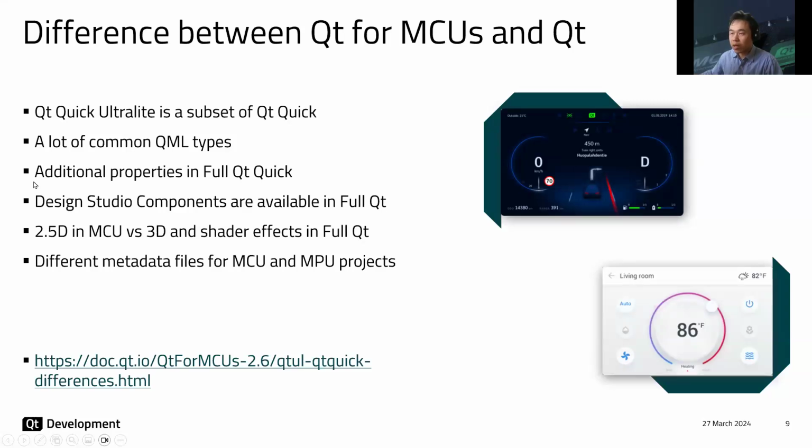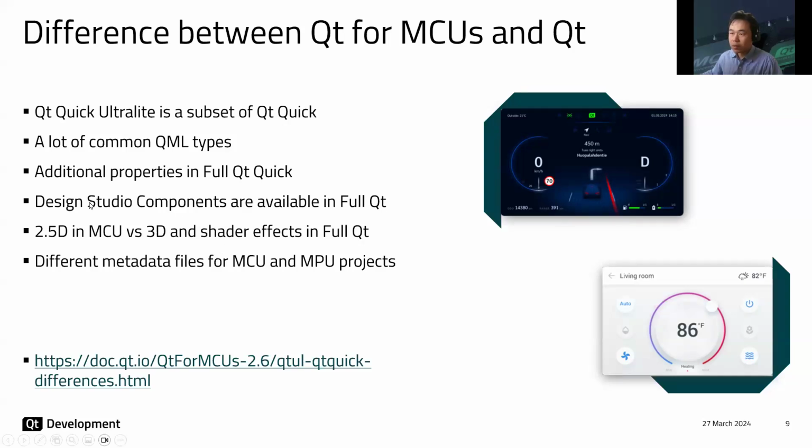And there are additional properties in the full Qt Quick. For example, in the Rectangle in Qt for MCU, there is no border element or border property. And if you use the ListView, then some properties are also not available, for example, currentIndex or currentItem.